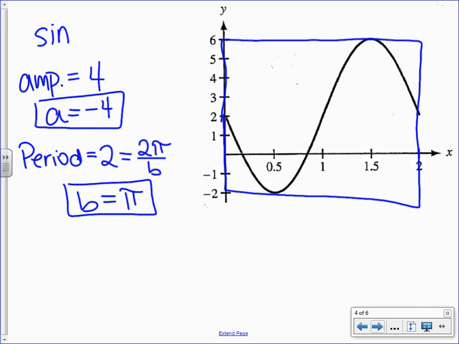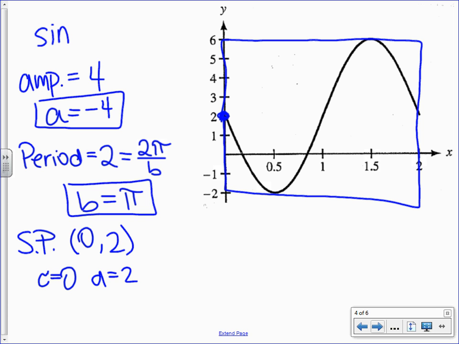Great. Our starting point is where? 0, 2, right? Here's the frame. My middle of the frame is here. That is where the sine curve starts. Okay? So we're at 0, 2, which means C is, D is 2.